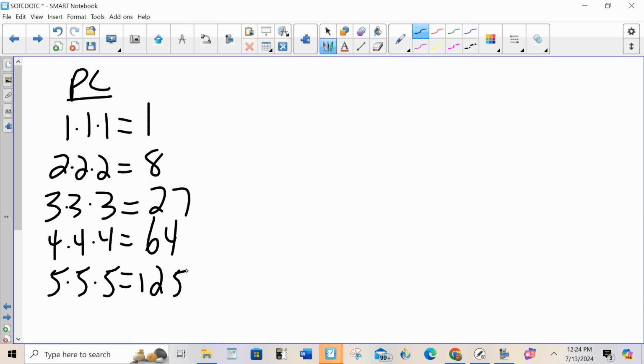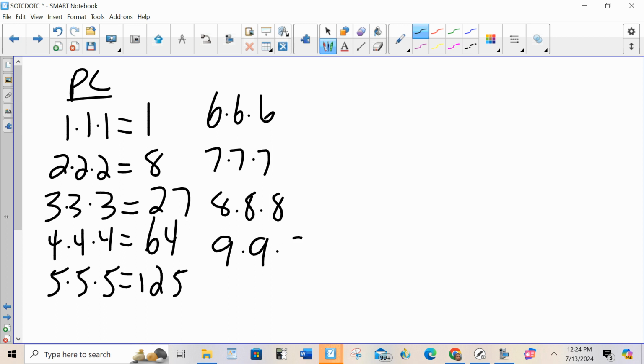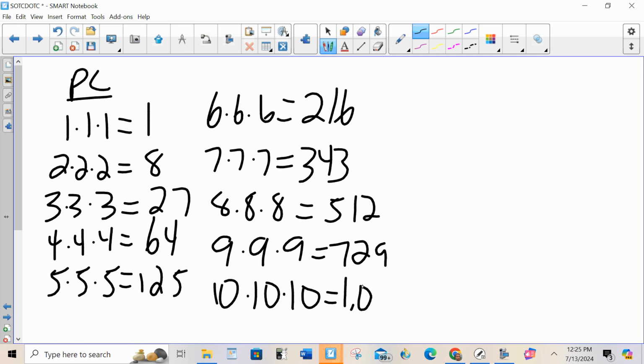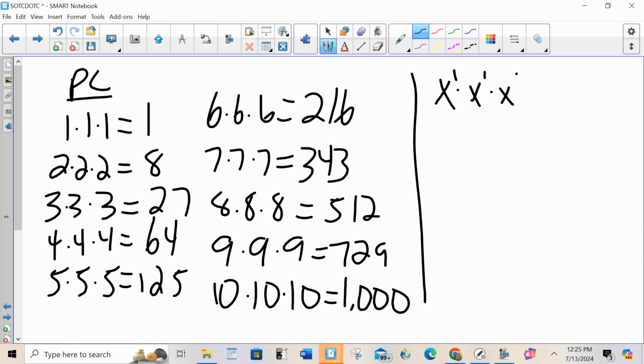And why not keep on going? 6 times 6 times 6, 7 times 7 times 7, 8 times 8 times 8, 9 times 9 times 9, 10 times 10 times 10. Use a calculator if you need to. 216, 343, 512, 729, grand, 1,000.